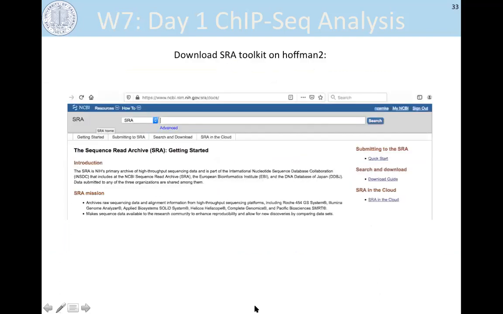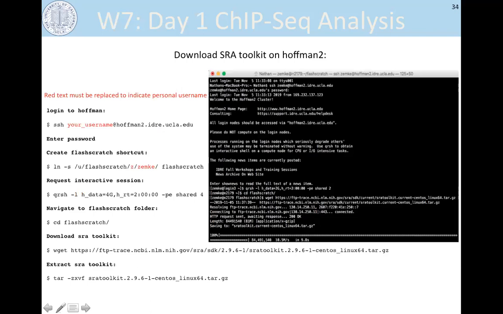So we can download the raw data through the Sequence Read Archive, where the data is stored as SRA files. We can download this data using the SRA toolkit, which we will download and then run from the Hoffman server.